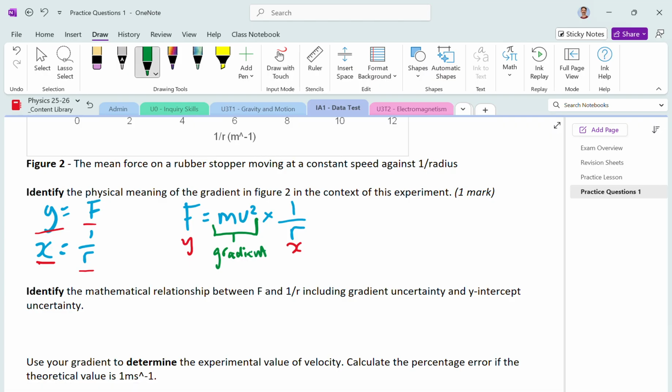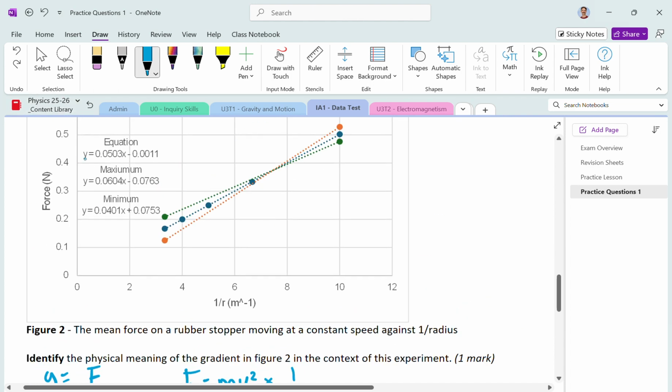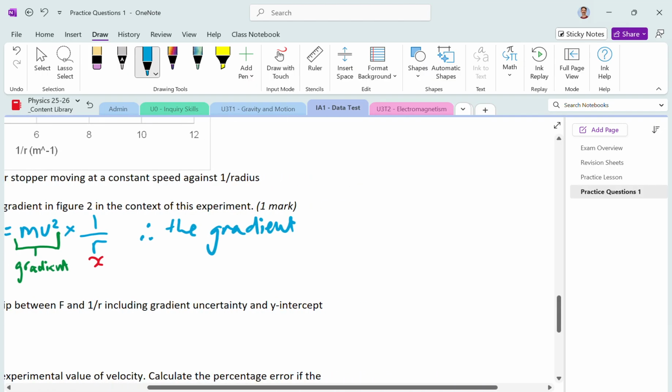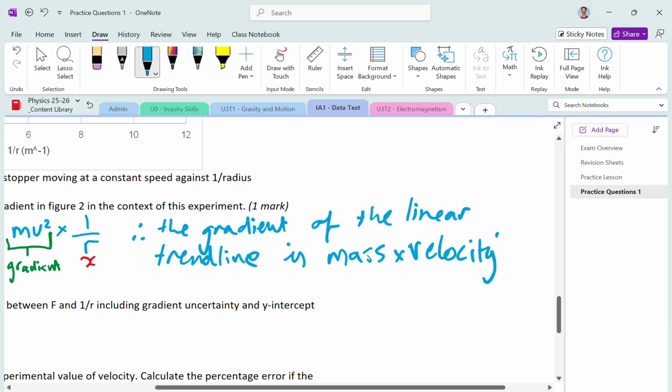Since this is a linear plot, or a linear trend line, represented by the equation of the line we're given here, y equals mx plus c, therefore the gradient of the linear trend line is mass times velocity or speed squared.